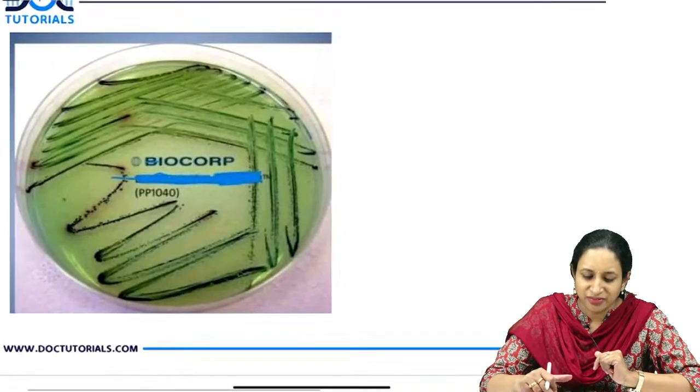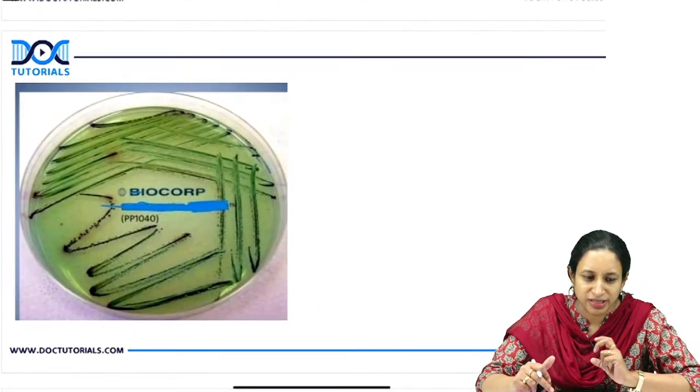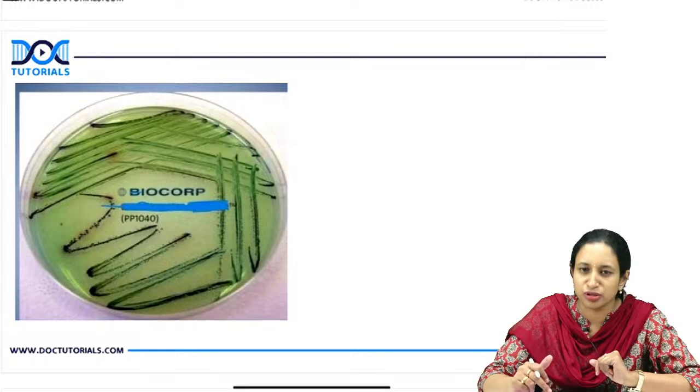Now, can you identify this particular media where you are seeing jet black colonies? What is this particular media that we are showing here which is having jet black colonies?